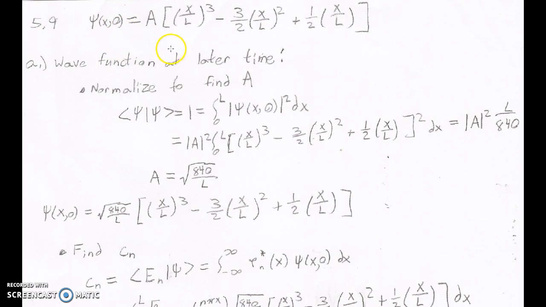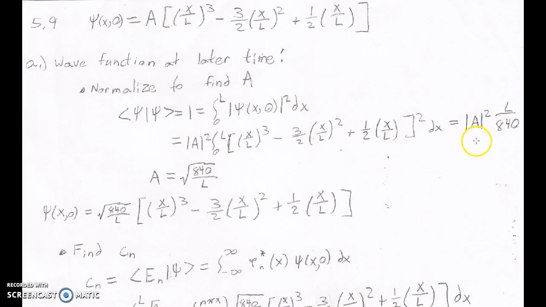So first we have to normalize the function to find a. To do that, we find the integral from 0 to L of the modulus of psi(x, 0) squared. So we plug in our function and integrate it from 0 to L after we square it.